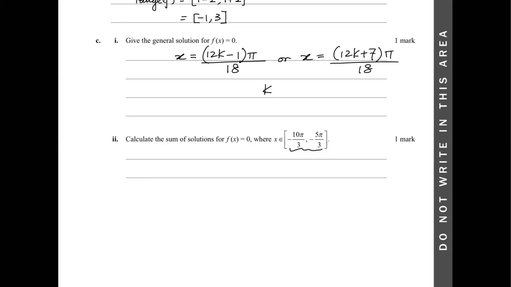But don't forget to mention k is any integer, okay? And there's only 1 mark for part B. So I'm going to say sum of all solutions equals -10 pi. Simple as that, okay?